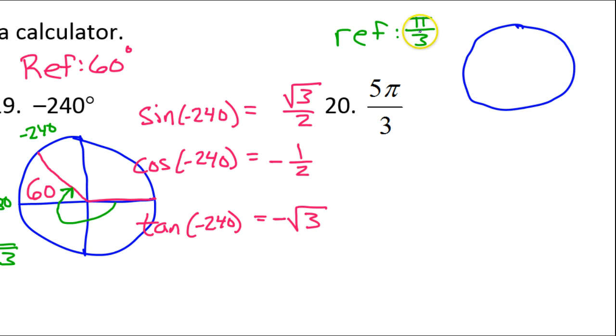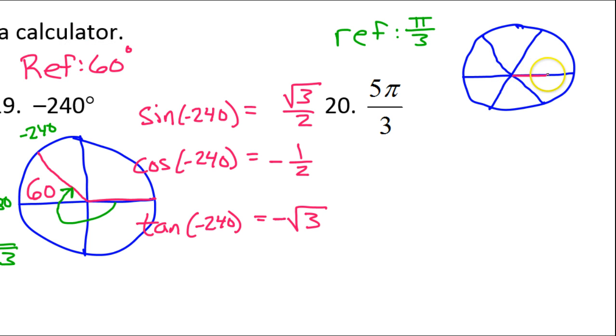Okay, because I'm talking pi over 3's, then I'm going to divide this picture into pi over 3's. So that would be like this. Notice I've divided the top half into 3 parts. That's why it's pi over 3. Now we need to go to 5 pi over 3.